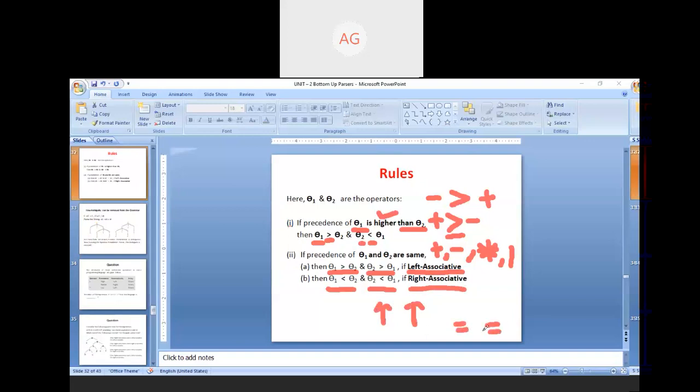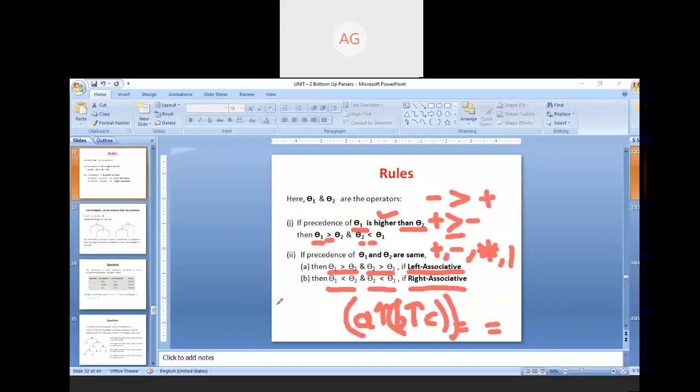So if the expression contains two exponential operators, like a exponent b, then b exponent c, then as it follows right associative, we need to calculate b exponent c first, and after that calculate a exponent the result, because exponent follows the right associative principle.